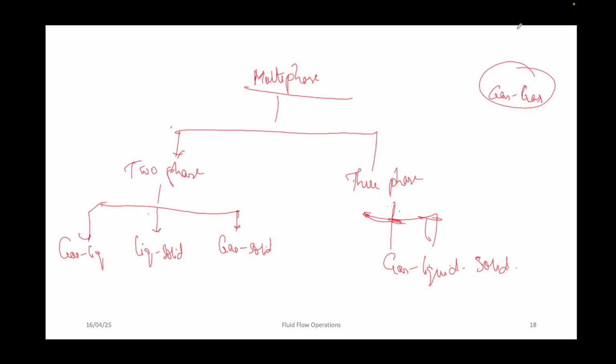Okay. So as we have stated earlier, as per the definition, multiphase can also be simultaneous flow of materials with different chemical properties, but in the same state, right? So if we follow the definition, a gas-gas system can also be counted as multi-phase flow.